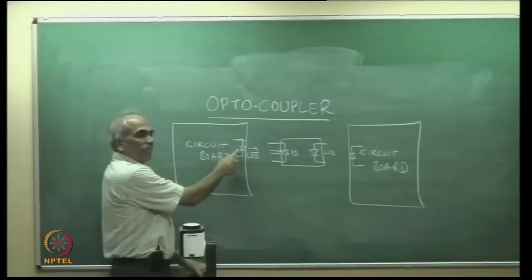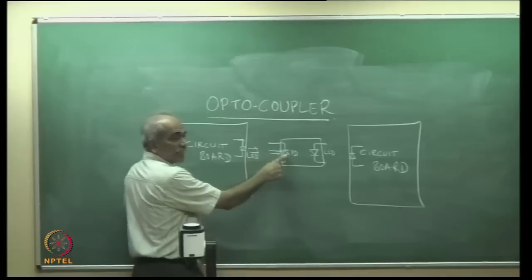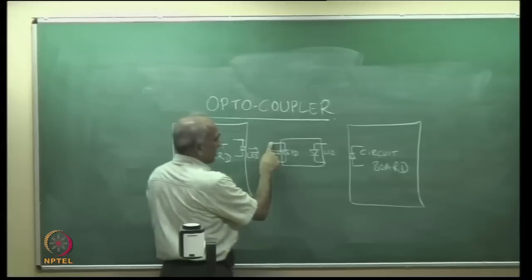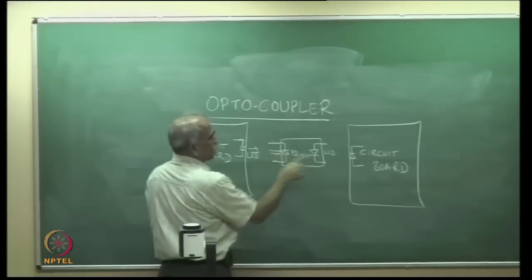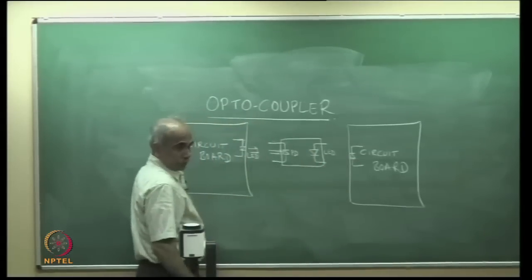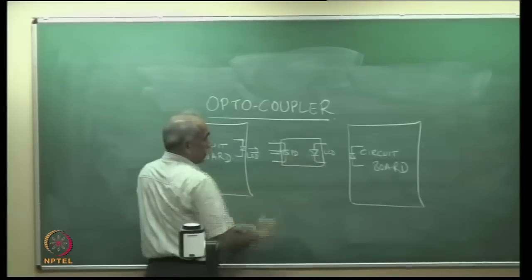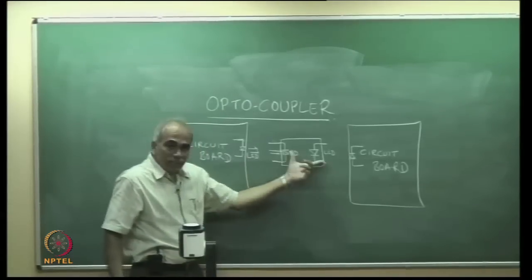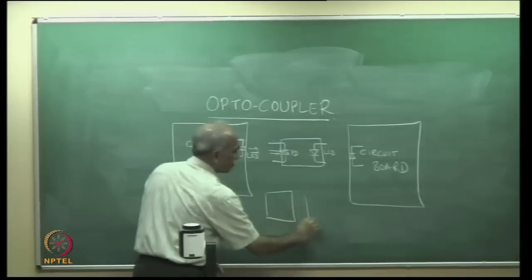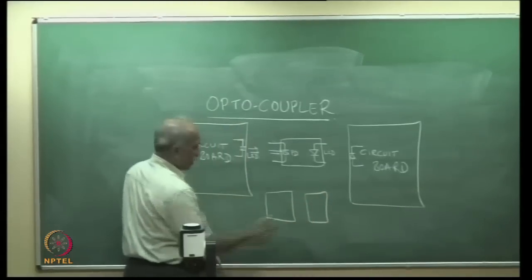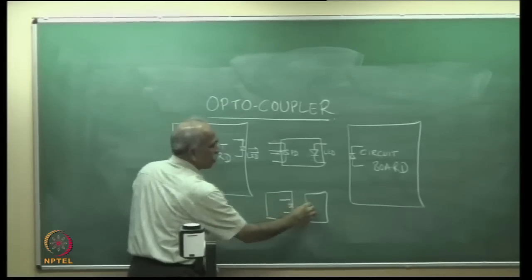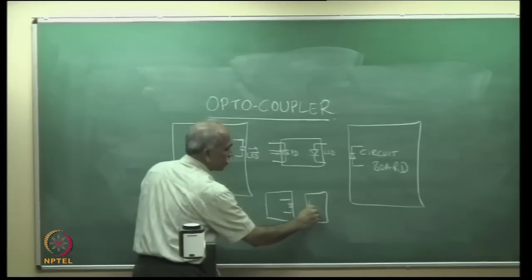So the signal emitted from this LED is detected by a photodetector, and the current generated by the photodetector modulates another LED which would then couple to this. This is the optocoupler. But you see from here, you don't need this at all. You could as well have the two chips here, and the LED is here and the photodetector is here.